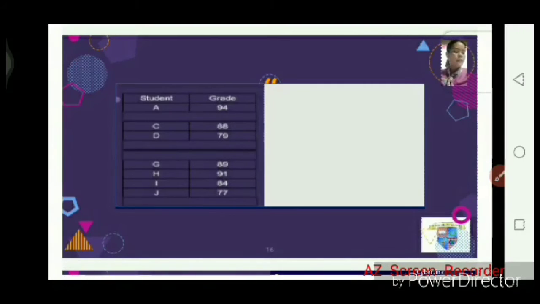So, now, let's substitute it to our formula. Now we need first to add all the grades of the students. So 94 plus 88 plus 79 plus 89 plus 91 plus 84 plus 87 is equal to 602.